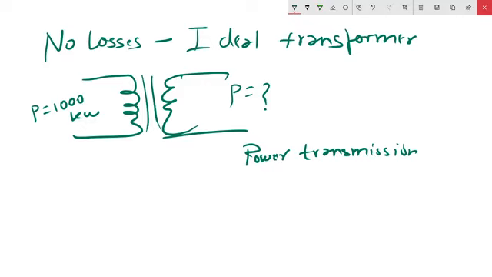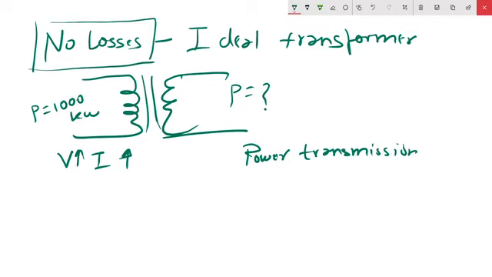On the secondary side, V and I get changed. So if the primary winding has this much power, whatever is available in the primary winding will be the same in the secondary winding, because there are no losses. As they already mentioned, neglect all the losses. So the answer is 1000 kilowatt only.